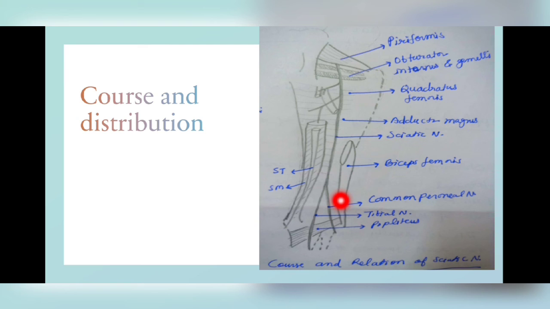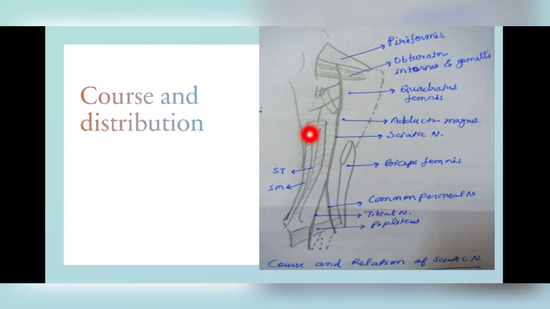So nerve supply of hamstring muscles: semitendinosus is supplied by the tibial part of sciatic nerve, semimembranosus by the tibial part, long head of biceps by the tibial part, and short head of biceps by the common peroneal part of sciatic nerve.